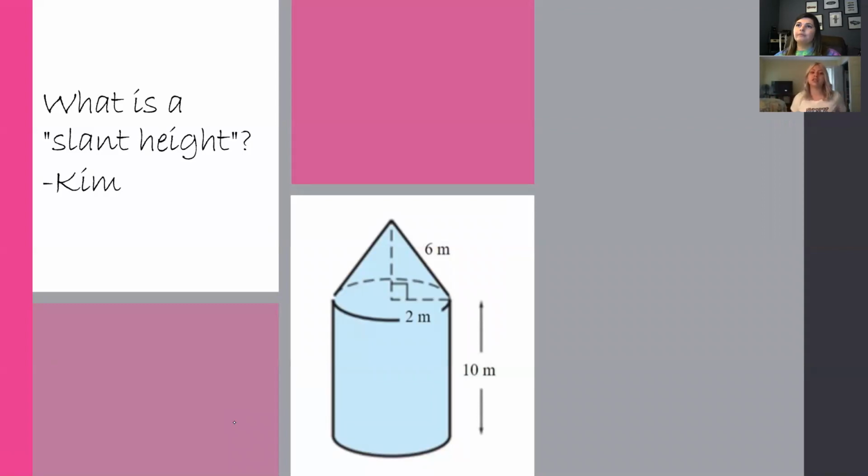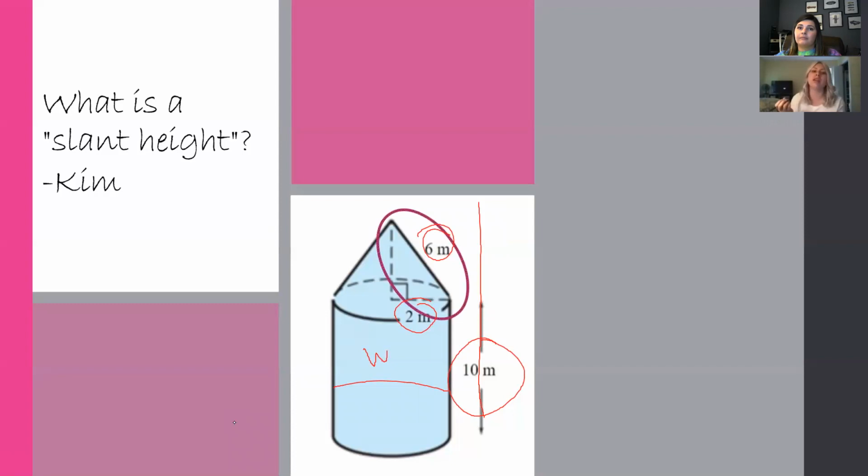I just never noticed until reviewing our homework. So we talk a lot about basic height, which would be 10 meters, how tall it is going up, and then our width, how long this side is, 2 meters. So what would slant height even stand for?